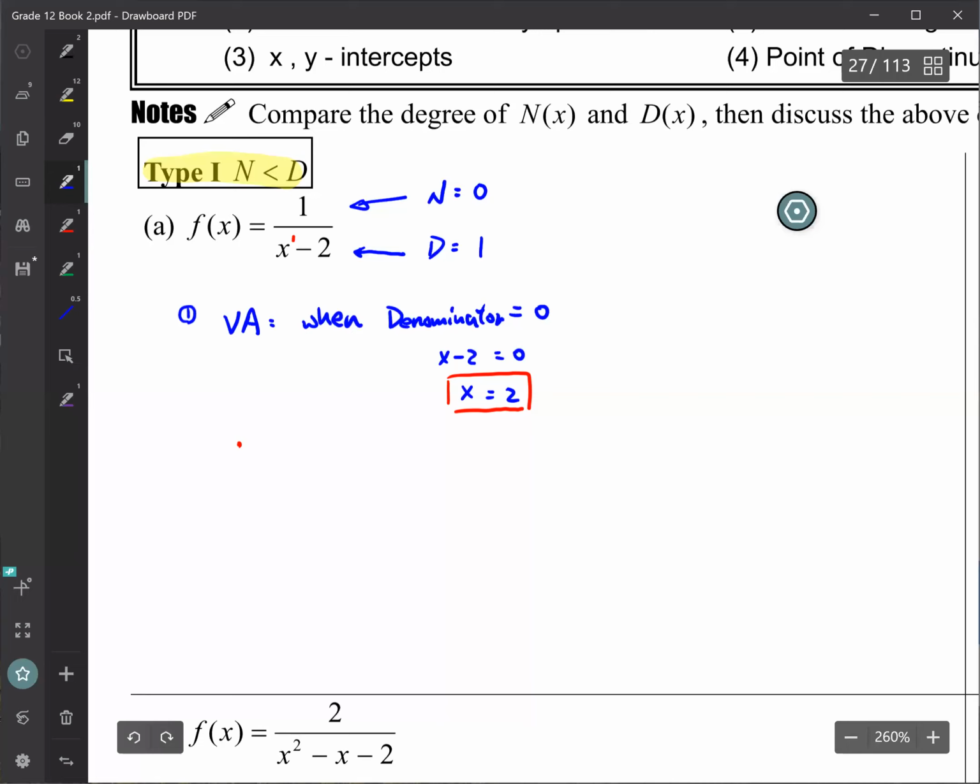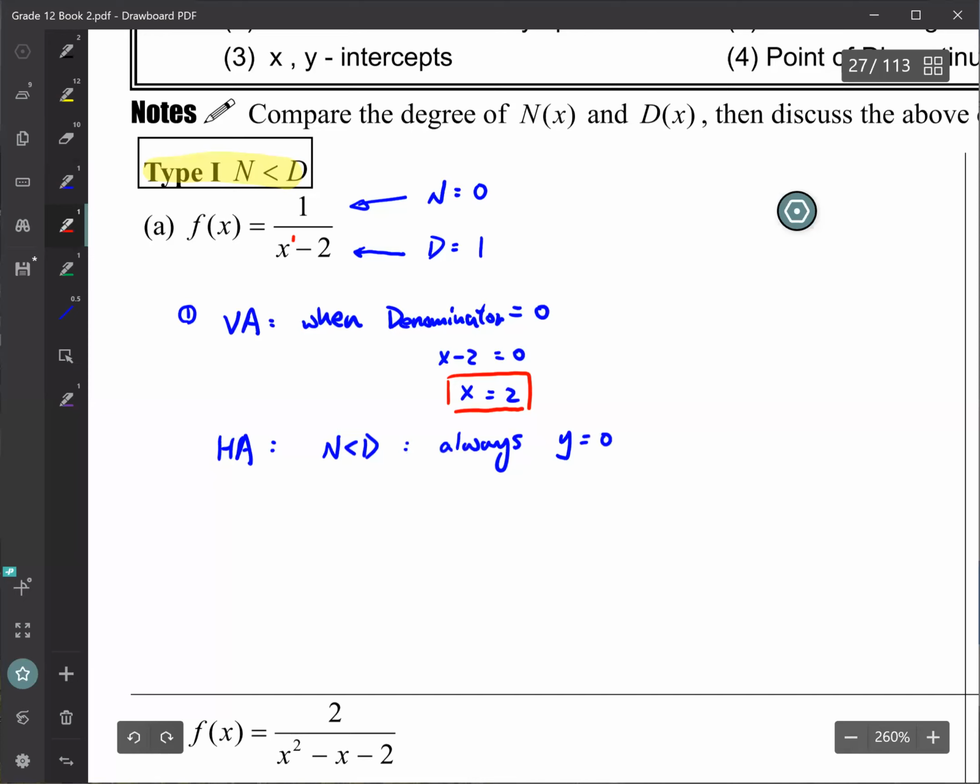The next part is called the horizontal asymptote. We have two kinds of asymptote. For the horizontal asymptote, if n is less than d, you can write that down, n less than d, then the horizontal asymptote is always y equals 0.